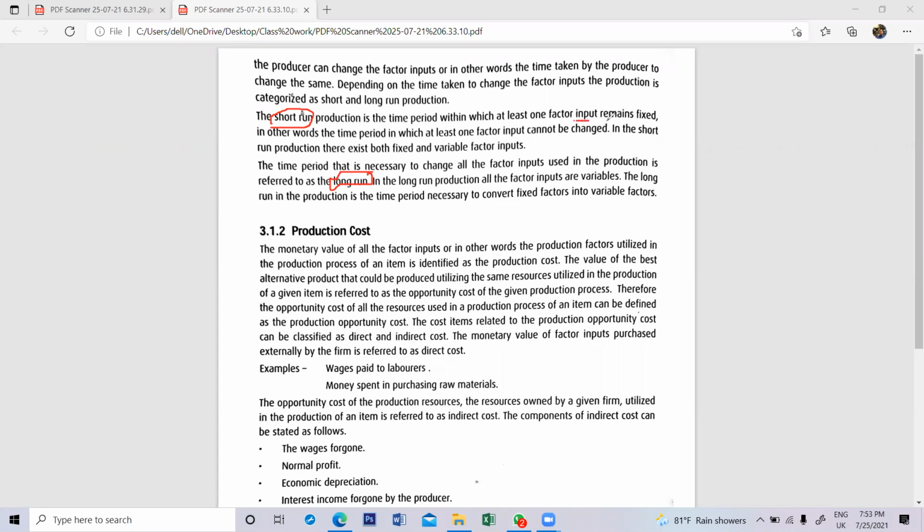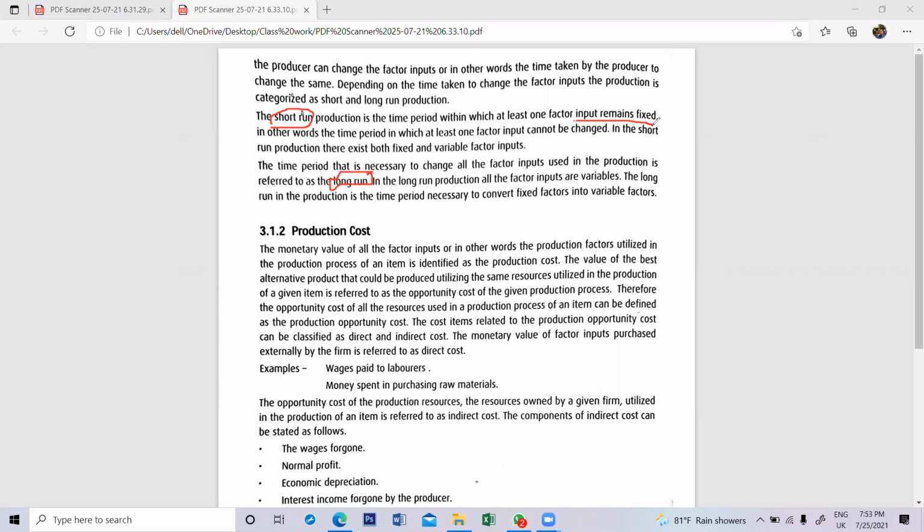So one factor remains fixed, here capital. In other words, a time period in which at least one factor input cannot be changed. In the short run, there exist both fixed and variable inputs.